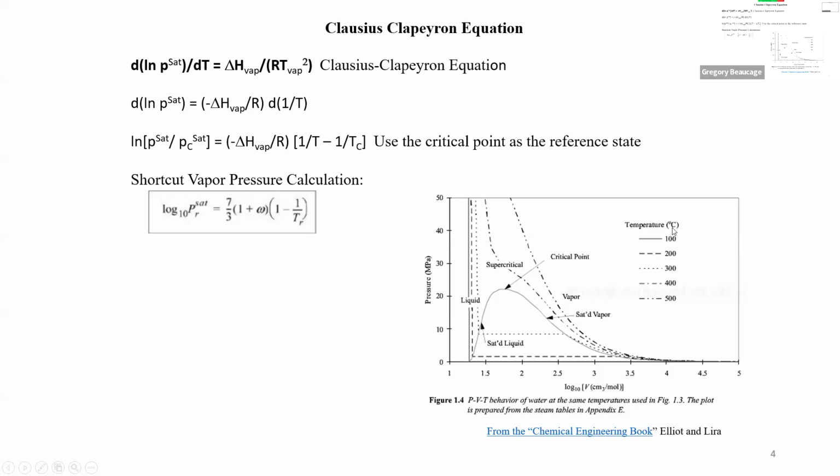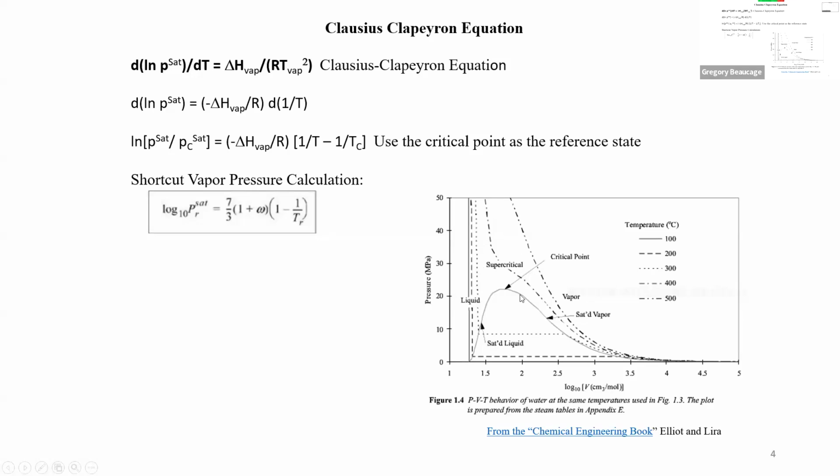That's at 500 degrees C for water, right? So at 500 degrees C, water acts like an ideal gas. That's an ideal gas curve. As you cool it down, it starts to develop this kind of hump, which has to do with the association of the water molecules. They have polarity, so they attract each other in a certain way. So it leads to this hump in the P versus V curve.